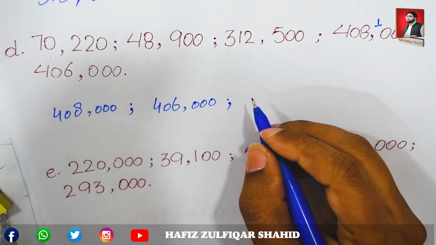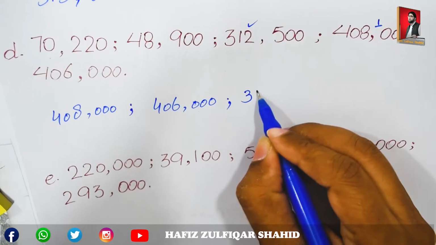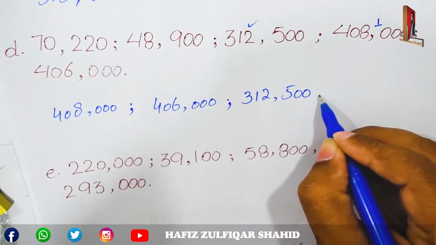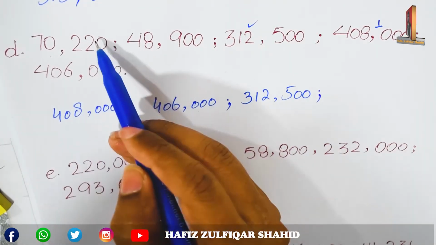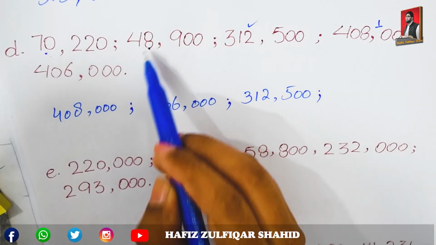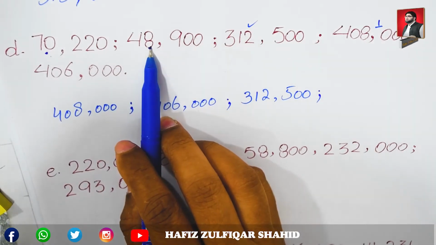And the third one is 312,500. Now we have two values left, 70 and 48. 70,000, 48,000.